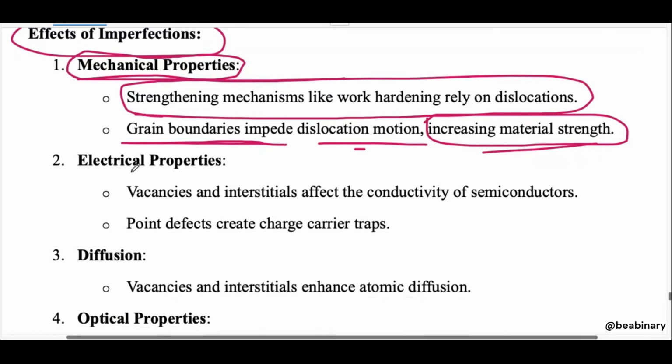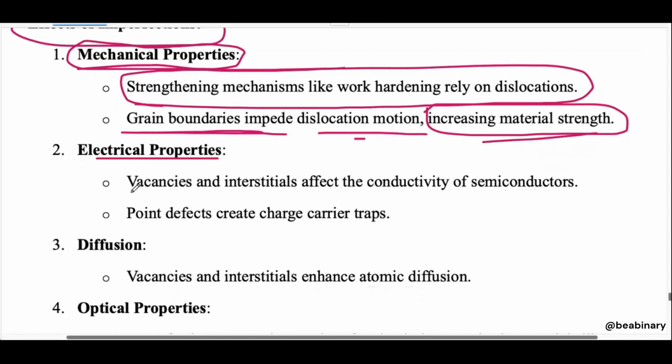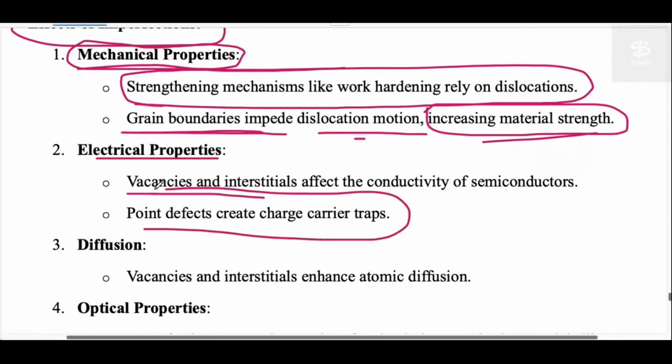now come to the electrical properties that we are not much concerned about here, but still we can see here. So vacancy and interstitial affect the conductivity of the semiconductors. Point defects create charge carrier traps, so they will basically compromise your electrical conductivity. How? Suppose I mean how the electricity is transferred. It is basically the movement of electrons from one place to another.